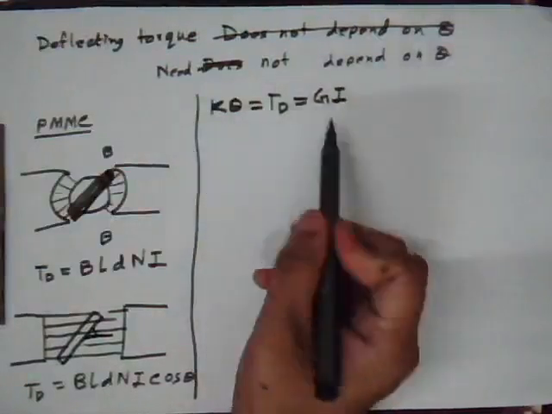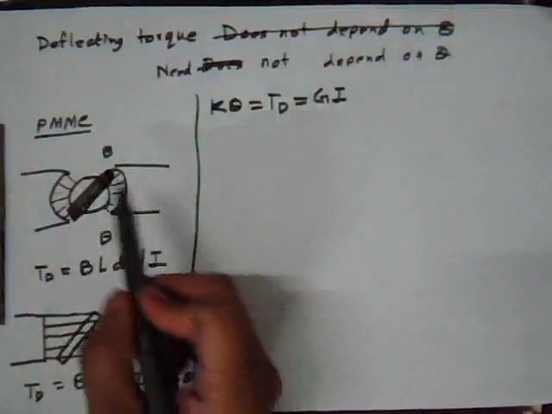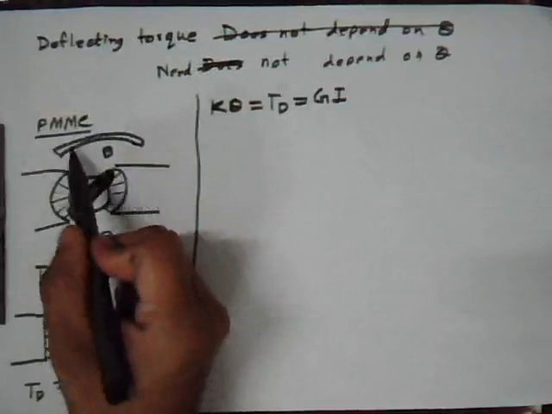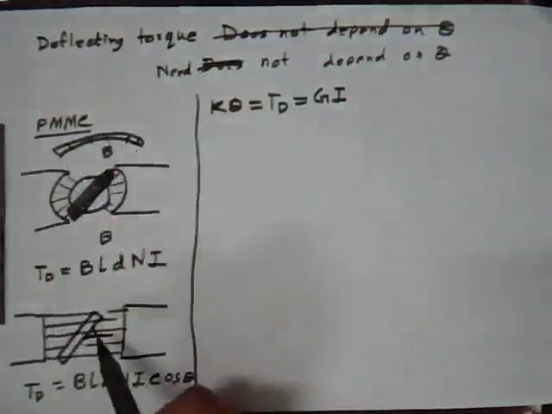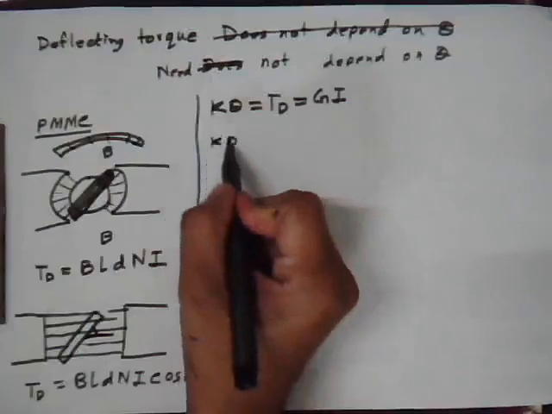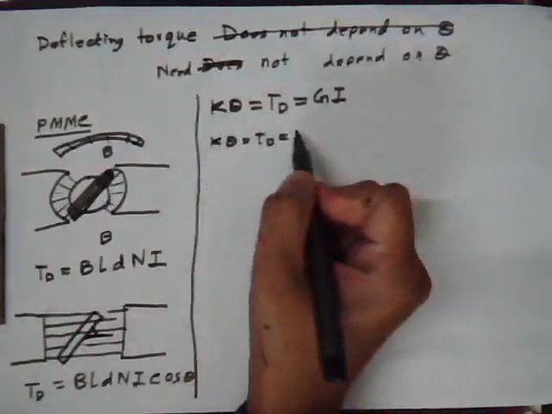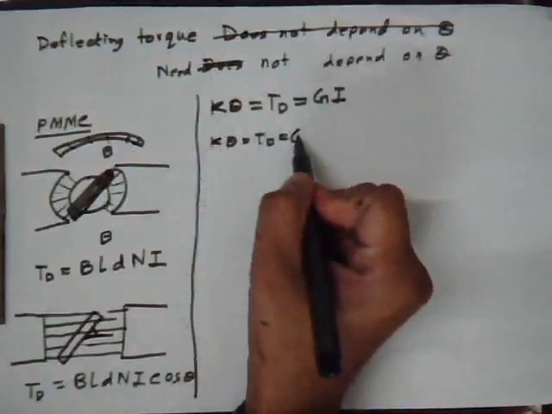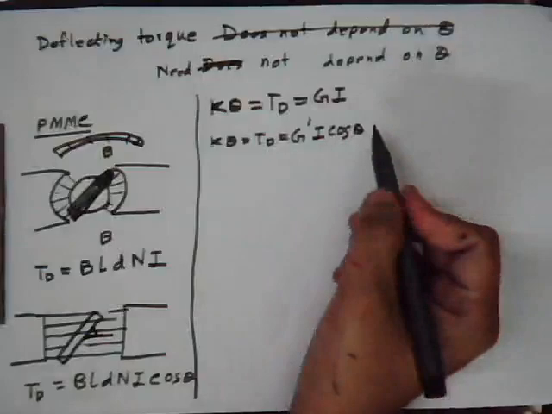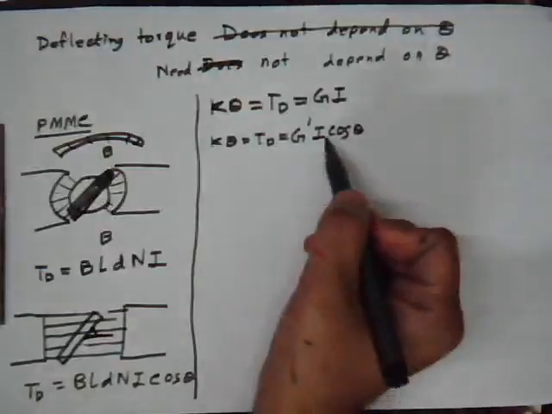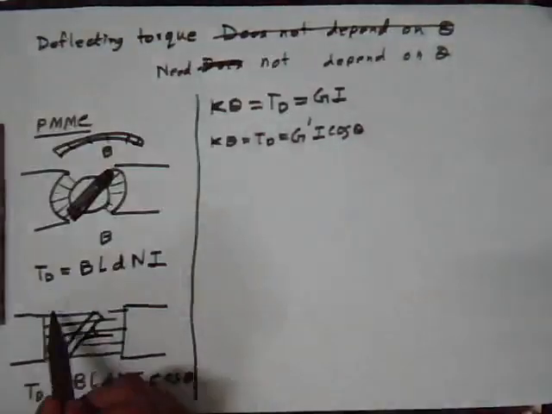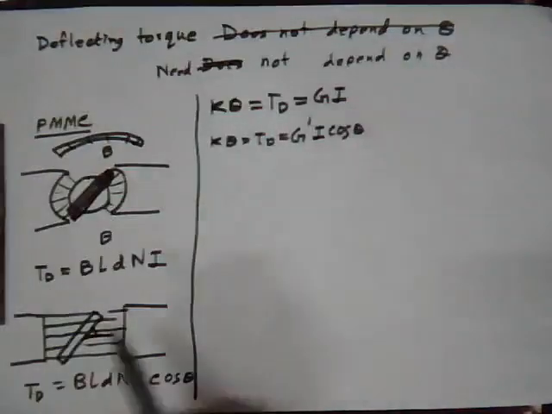So the scale of this meter will be linear, whereas in the second case, k theta equals Td equals some constant times I times cos theta, and therefore the current and the deflection are not proportional. So here the scale won't be linear or uniform.